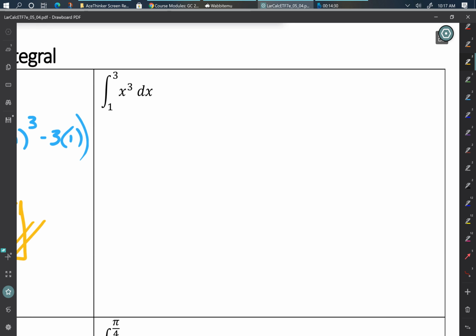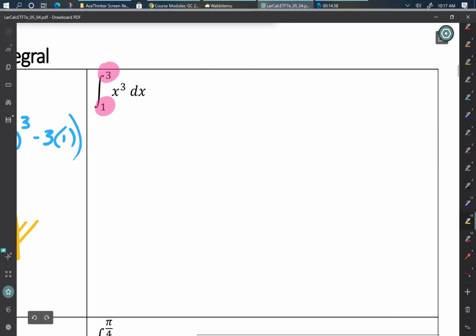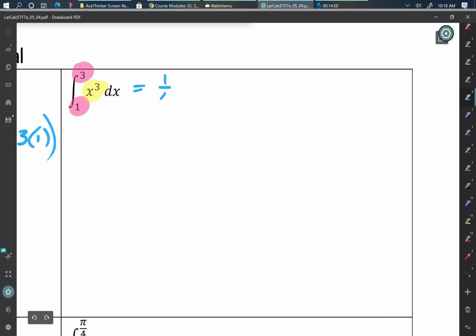I need to find the value of the definite integral from 1 to 3 of x cubed. All right, so lower limit of integration 1, upper limit of integration 3, function of integration x cubed. Step 1, find that antiderivative. The antiderivative of x cubed is going to be 1/4 x to the 4th.